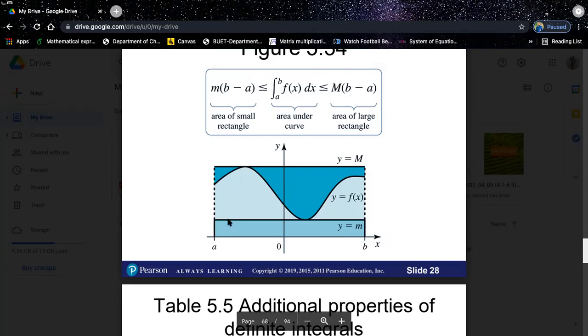So if you consider this bigger rectangle, then M times b minus a is the area of that big rectangle, right? So clearly your area under this curve is bounded between these two rectangles. We can actually eyeball it, right?